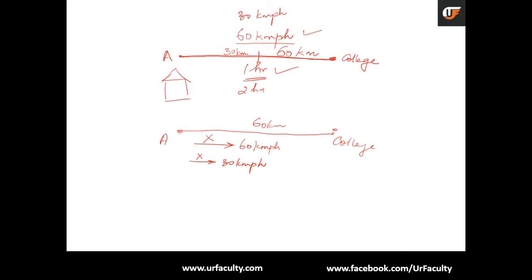It's very simple. After 1 hour, you would have reached college, because you would have traveled 60 kilometers. Whereas your friend would have traveled just 30 kilometers after 1 hour, so he would have just reached the center. Then what is the difference between your distance and your friend's distance, Mr. X and Mr. Y, I'm sorry? It is 30 kilometers.